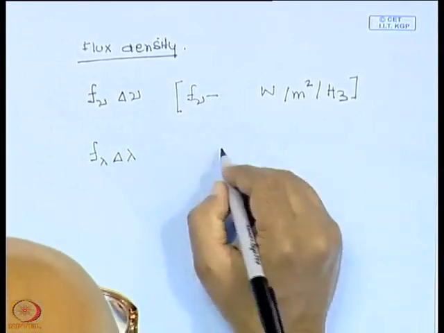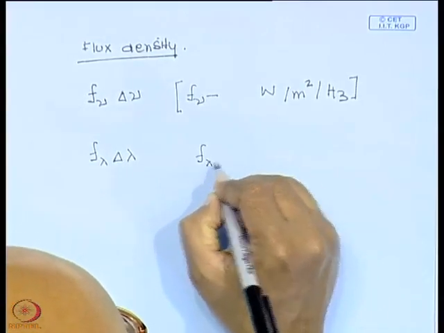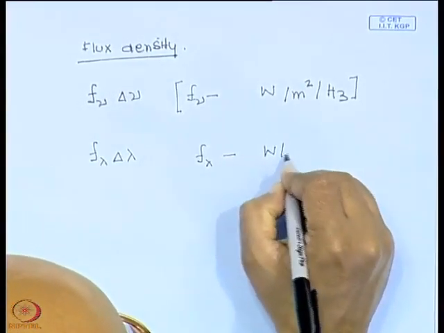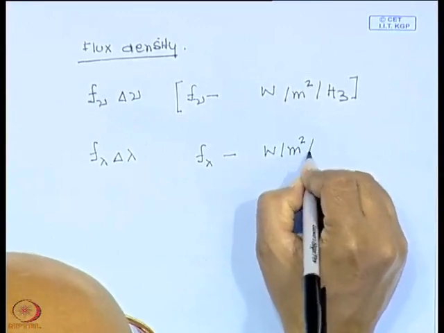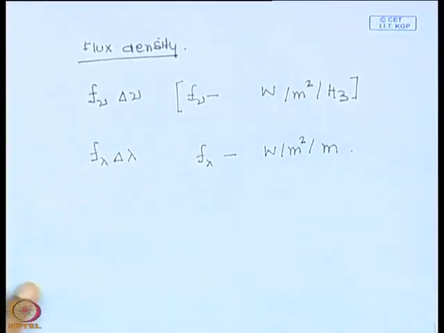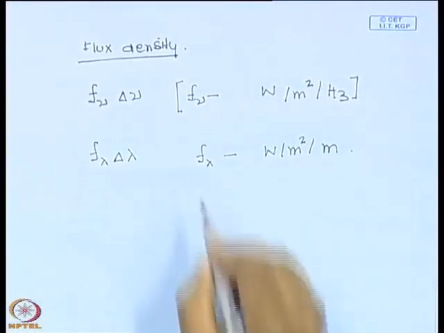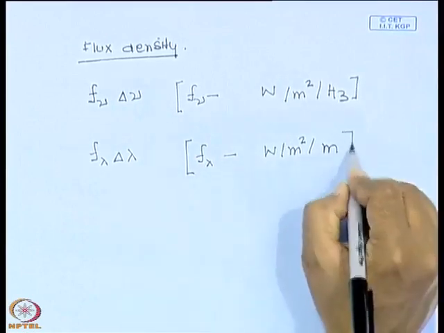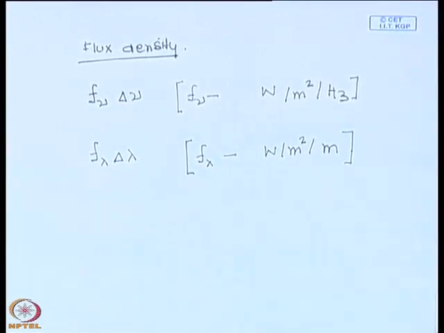So F lambda has dimensions watts per meter square per meter. This we shall refer to as flux density.